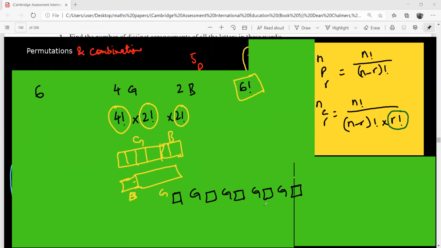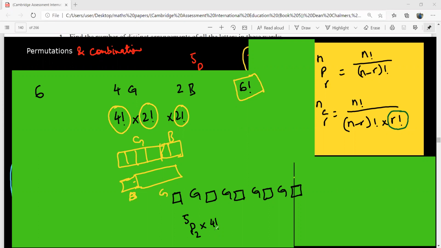So how many possible spaces for the boys do we have? Sir, 5. So this would be 5P2. These 2 boys can sit in any of these 5 slots, times 4 factorial.